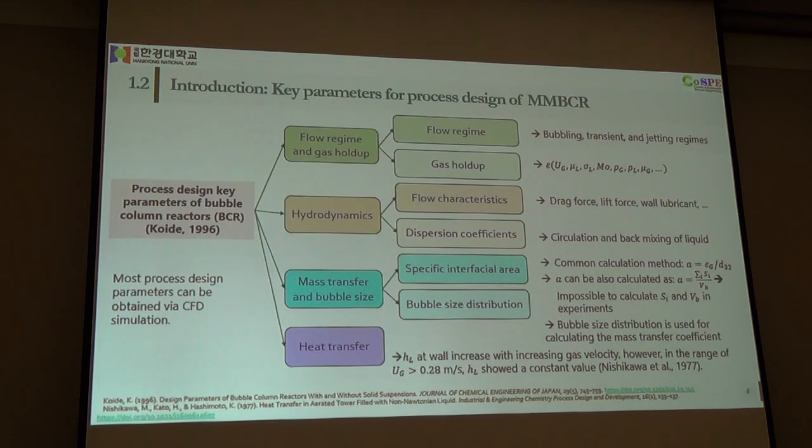However, the design of the reactor is very complex. It requires some key process design parameters such as the flow regime and the gas holdup. In the hydrodynamics, we need to know the flow characteristics and the dispersion coefficient. In the mass transfer, we need to know the specific interfacial area and the bubble size distribution.